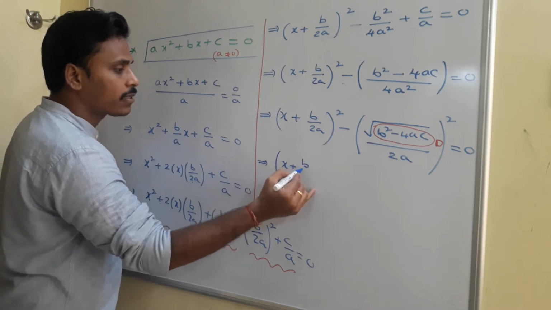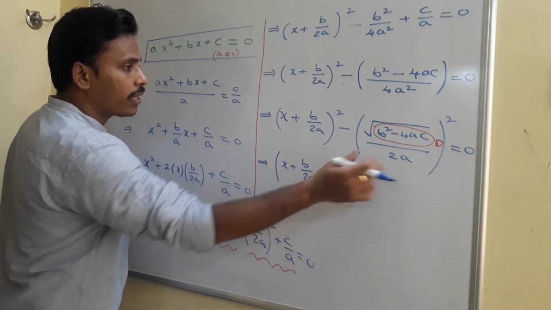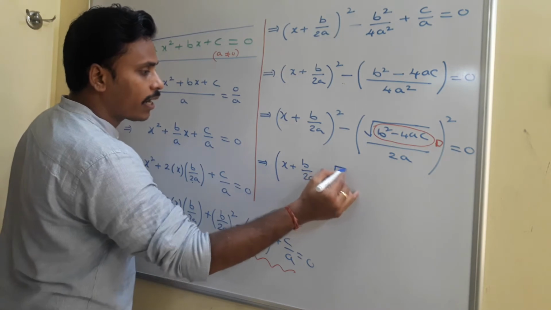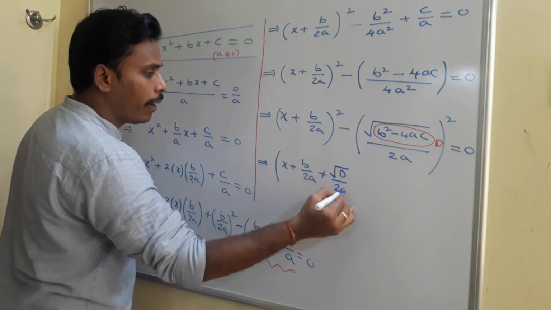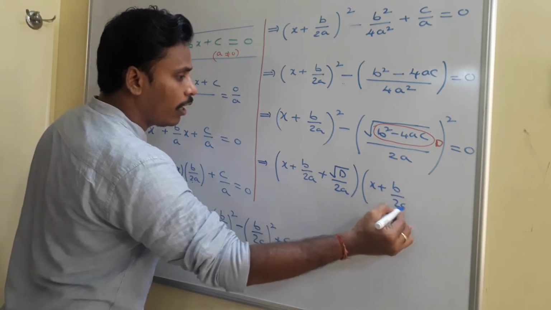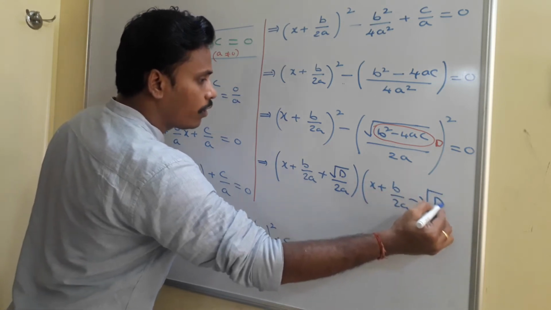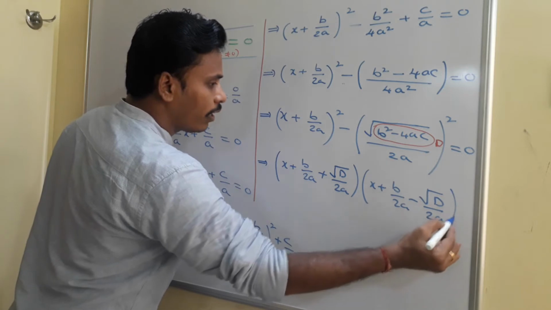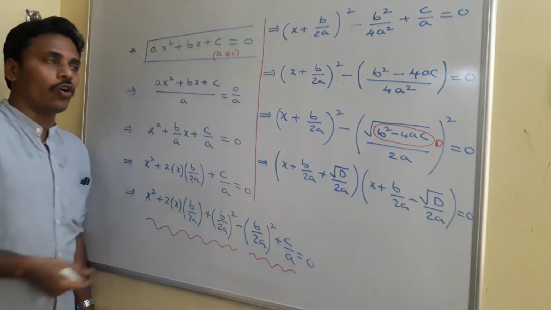So x plus b by 2a plus square root of d by 2a, into x plus b by 2a minus square root of d divided by 2a, is equal to 0.